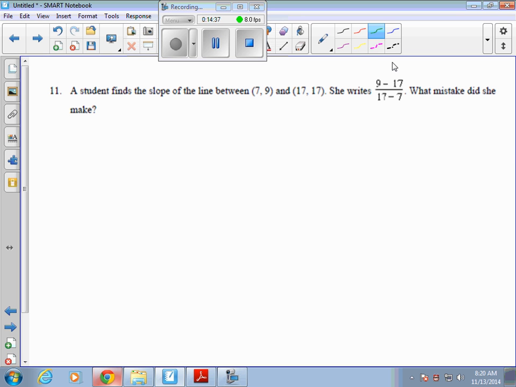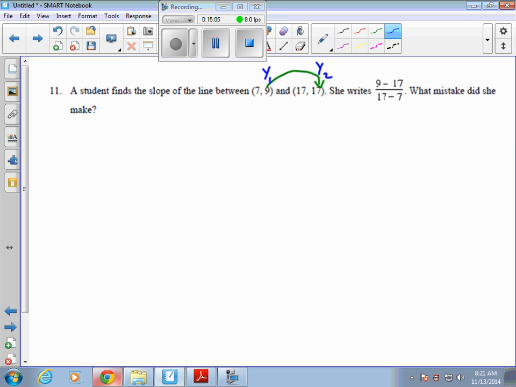Number 11 says the student finds the slope between 7/9 and 7/17. She writes 9 minus 7 over 17 minus 7. 9 minus 17, I said minus 7 a second ago. 9 minus 17. She did one y value minus the other y value. She did y sub 1 minus y sub 2. Remember, it's not wrong to do it that way. It's just the order you go with.